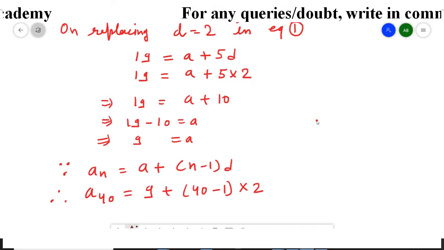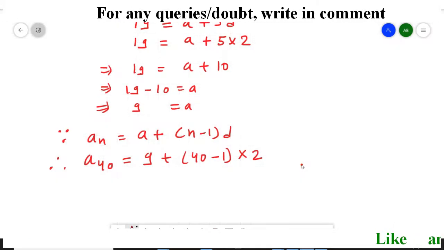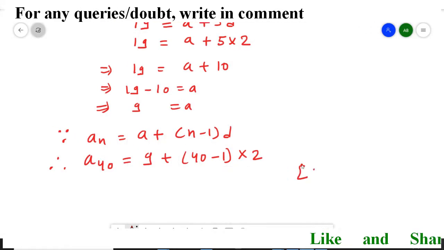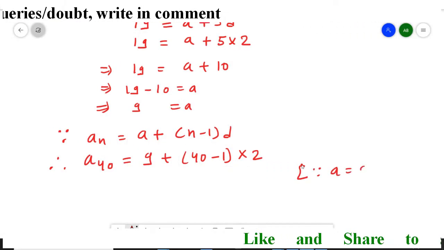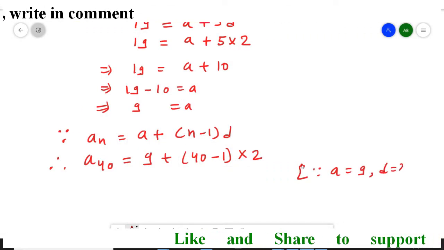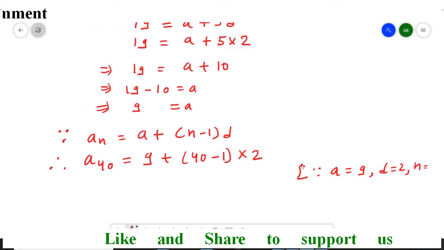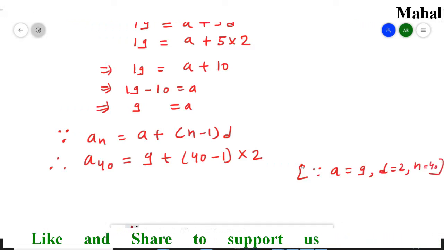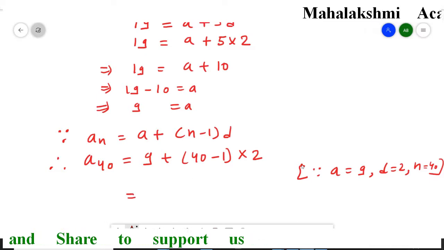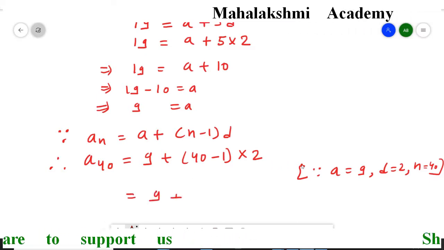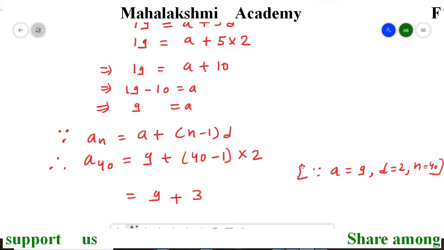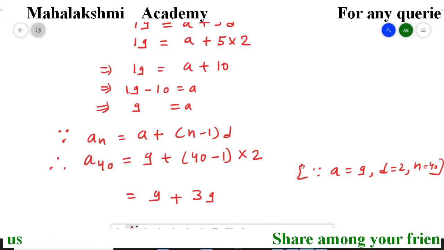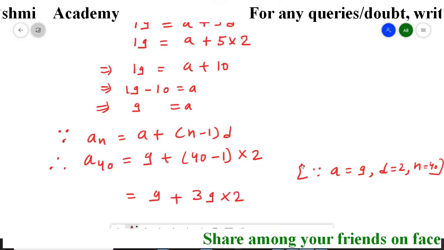Here a is 9, d is 2 and n is 40. So 9 plus 40 minus 1, which is 39, multiplied by 2.